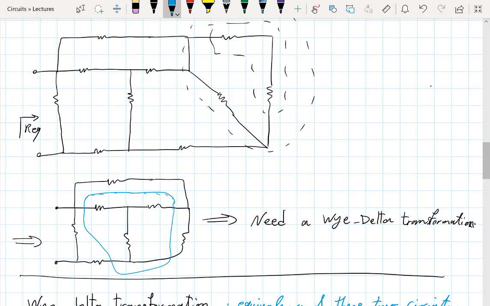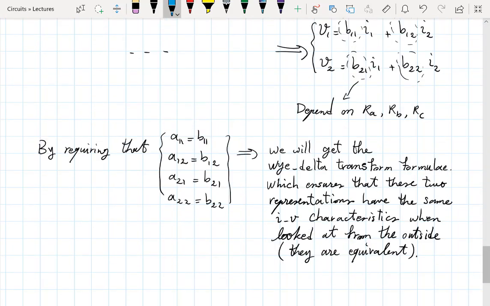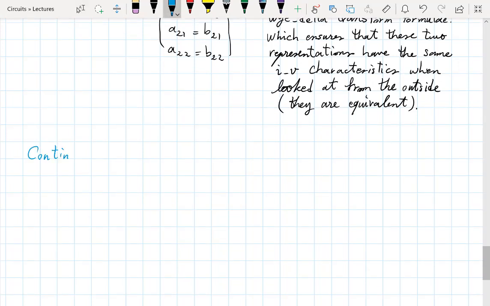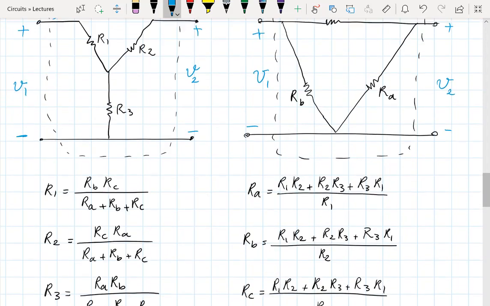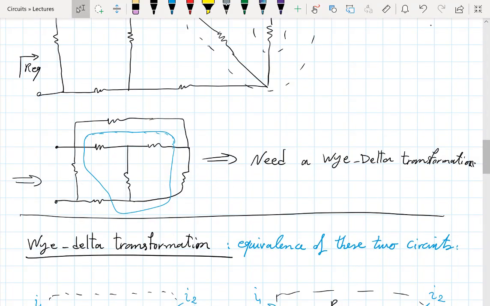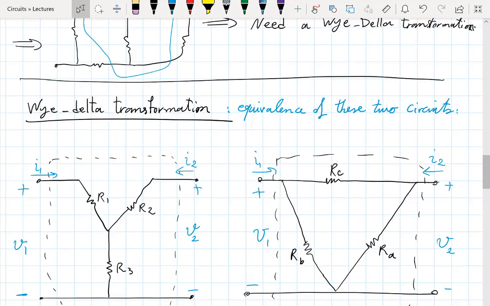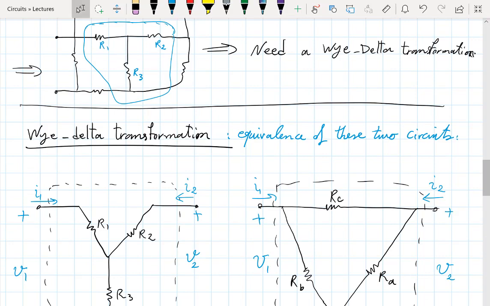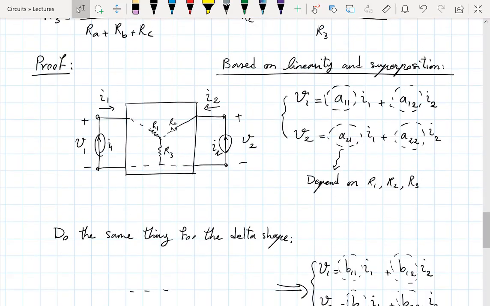Well, if I replace this with a delta, so continuing the example, I have those three resistors, and the three middle ones, if you call these R1, R2, R3, I can replace them with the RA, RB, RC configuration there.